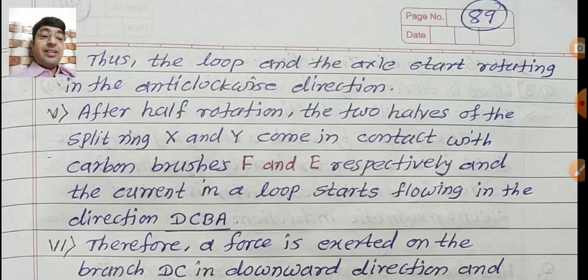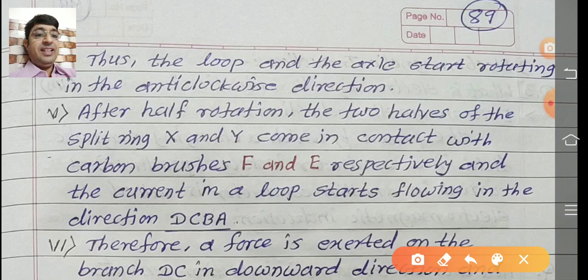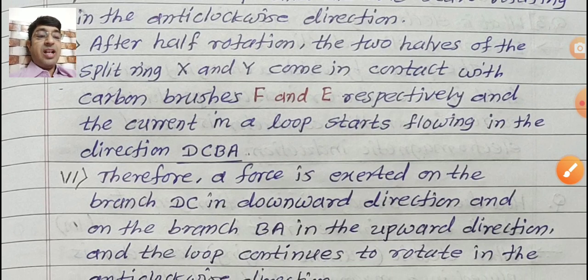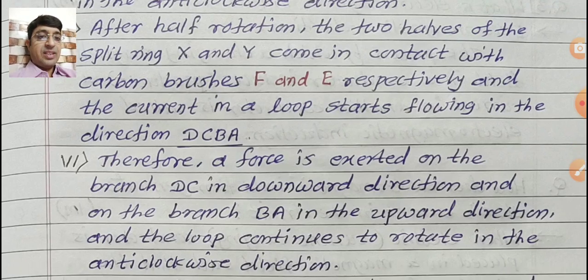Now that the coil position is changed, the branches AB and CD change their position. So in which direction does current flow? Current flows in this direction. You underline, that is DCBA. When did this happen? After half rotation, the coil is rotated in the anti-clockwise direction.